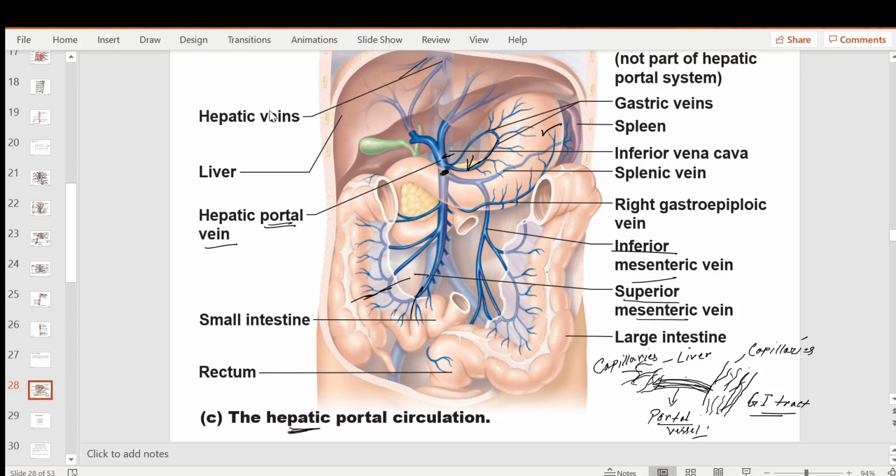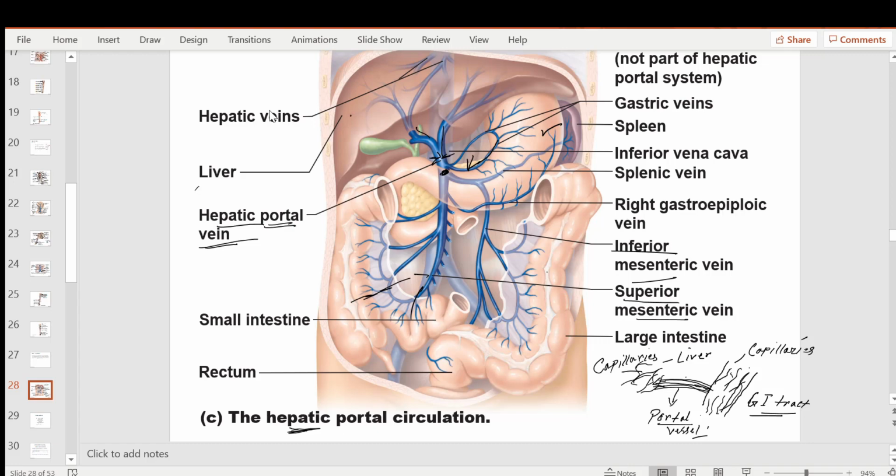So all the nutrient-rich blood from the stomach and intestine is given to the hepatic portal vein. From the stomach, gastric vein; from the intestine, superior and inferior mesenteric veins. And then the portal vein gives blood to the liver.